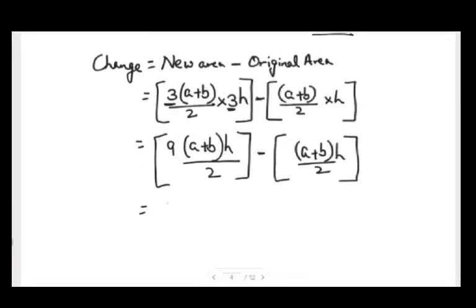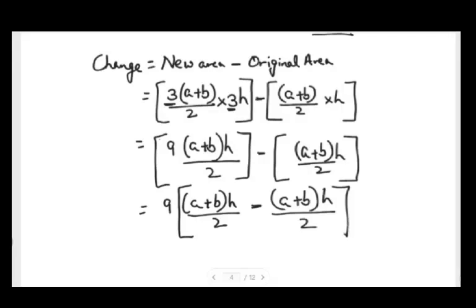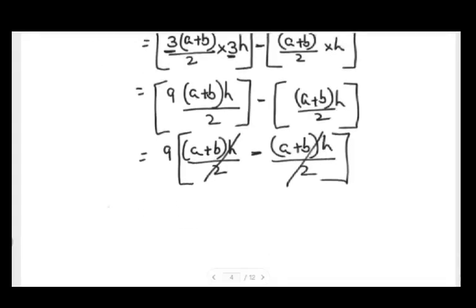Understood this much, children? I'm just going to keep the 9 out right now, I'll put it outside the bracket. One and the same thing, 9 times A plus B into h upon 2 minus A plus B into h upon 2. This one and this one cancel. Correct? So what is the change, children? It is 9 times the change.